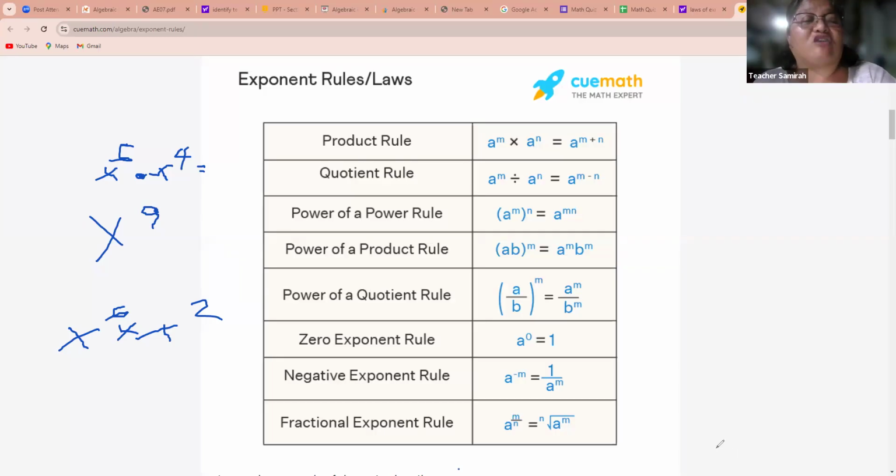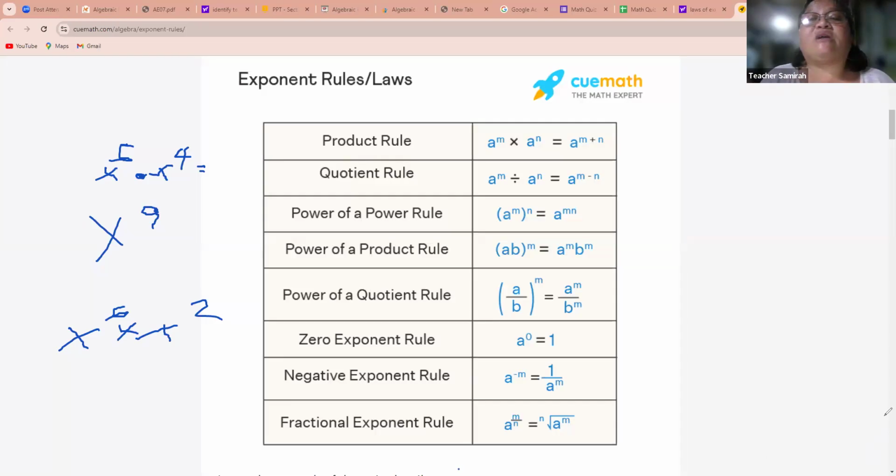So if I have here 2x raised to the power of 5 times x raised to the power of 4, what will be your answer? You only need to multiply the 2 and the 1, and that would give you 2. And then the same with the exponent, you are also going to add all the exponents.